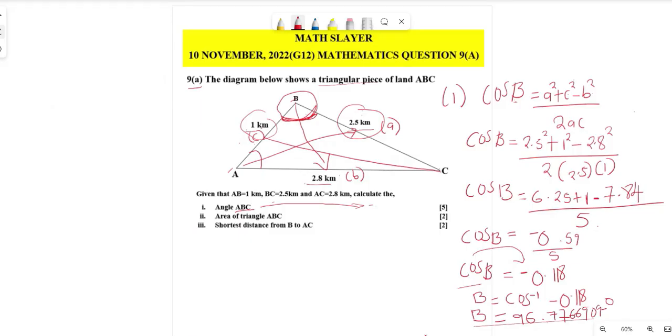Since we are looking for angle ABC, which is this, we are going to conclude. So I'll write it here.